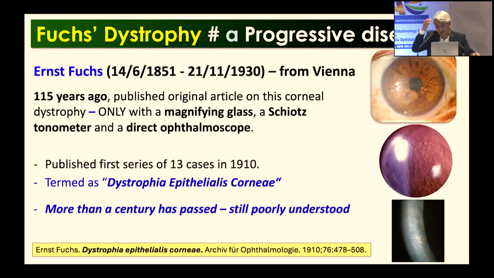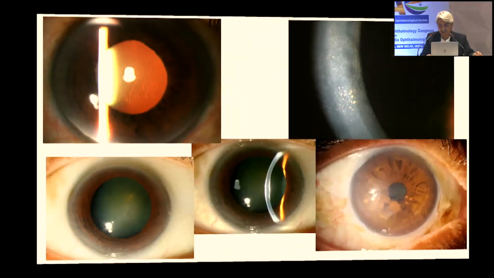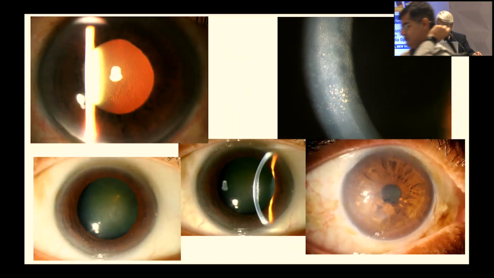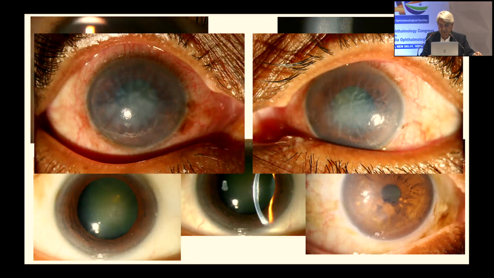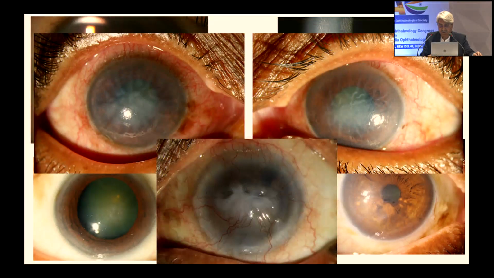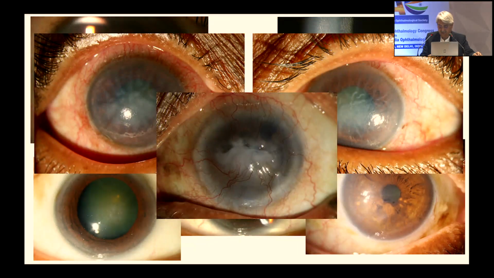Even after 115 years, we do not know exactly what is happening in Fuchs dystrophy. That's why so many studies are going on across the globe. It is a progressive disease. We see different forms of Fuchs dystrophy in our clinics every day, starting from advanced Fuchs dystrophy to this kind of Fuchs dystrophy.